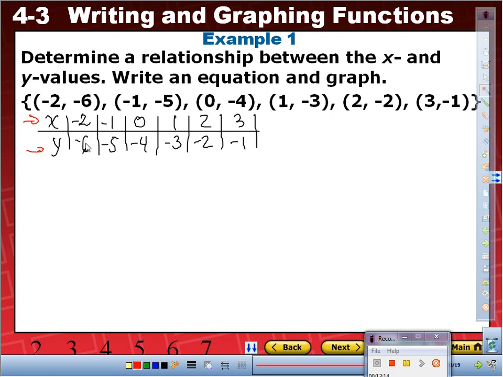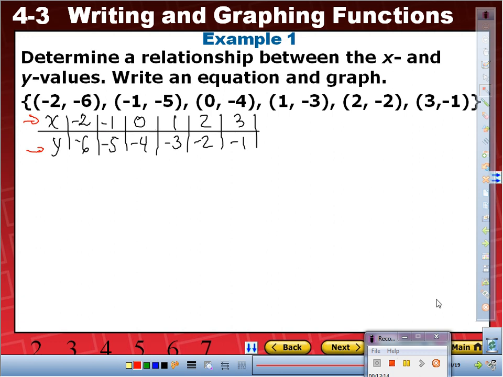It became -6. -1 became -5. 0 became -4. 1 became -3. 2 became -2. 3 became -1. Think about it. What's happening to these numbers? Don't say it out loud. Keep it to yourself. What happened to these numbers that we're getting this output? Some of you already saw it. Those of you that haven't, think about it. It has a particular pattern or rule.